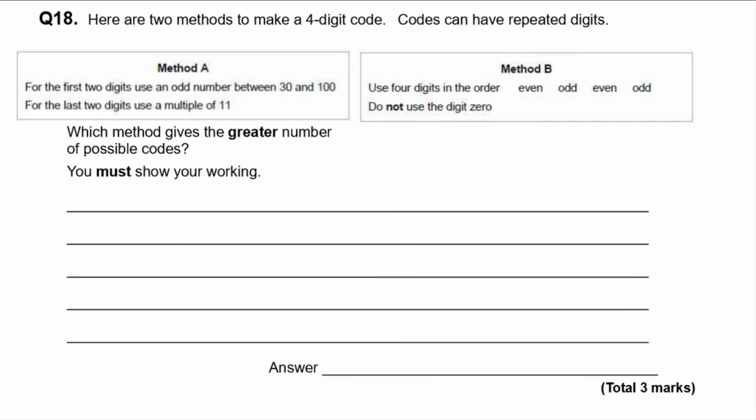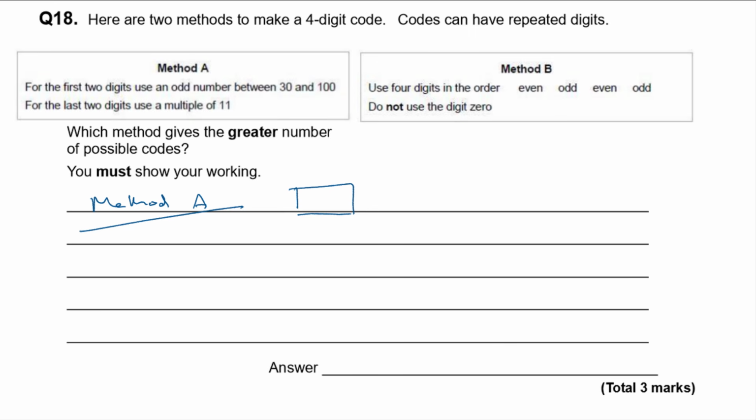Alright, so basically we need to work out method A selections and method B selections. So let's start with A. So for the first two digits, I am picking an odd number between 30 and 100. Now, how many odd numbers are there between 30 and 100?